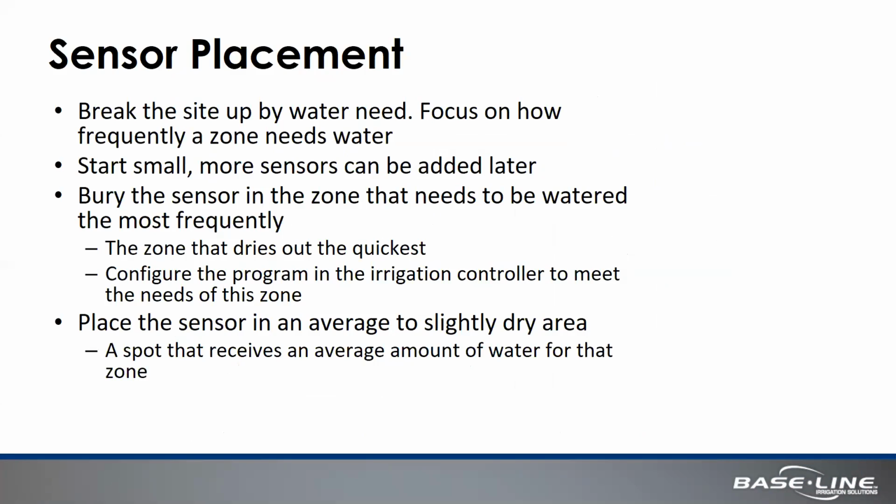So we're hydrozoning a site based on sprinkler type or plant type or exposure, and then identifying a zone within that hydrozone that's representative of all the zones in that hydrozone, and burying a sensor in it and using data from that sensor to irrigate that entire hydrozone. So when this zone needs water based on my allowed depletion setting, then the rest of the zones in that hydrozone will also irrigate for the same amount of time.